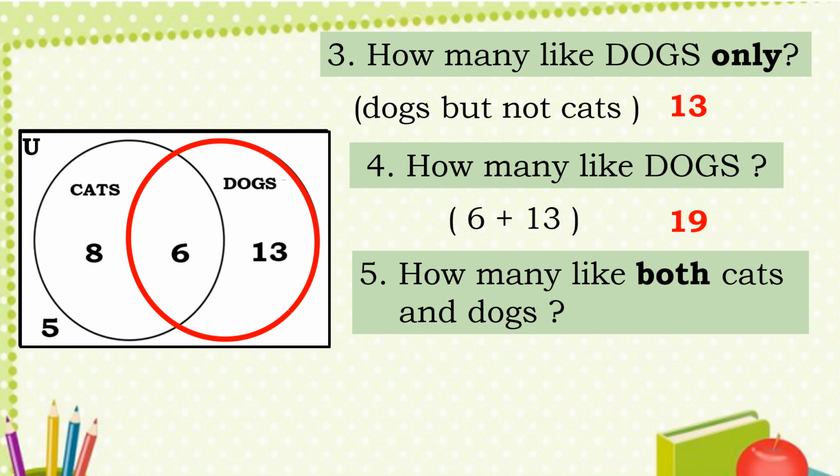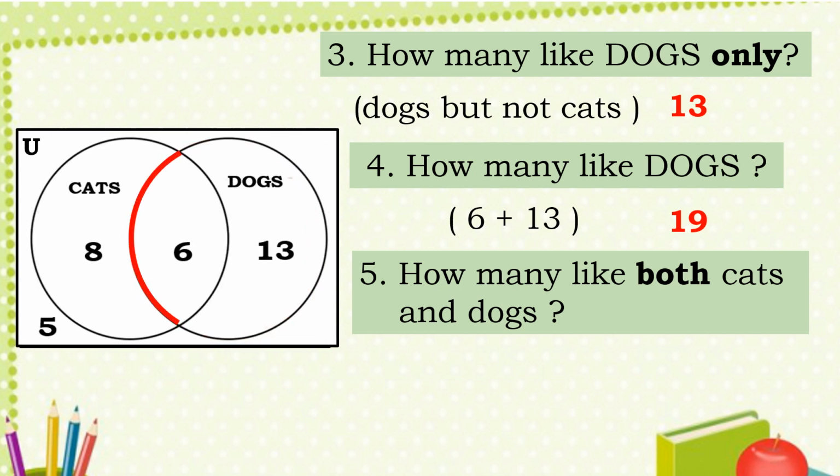Number 5, how many like both cats and dogs? Take note of the word both. When I say both cats and dogs, they are those persons who like cats and at the same time also like dogs. So they are referring to this particular intersection. So the answer is 6.